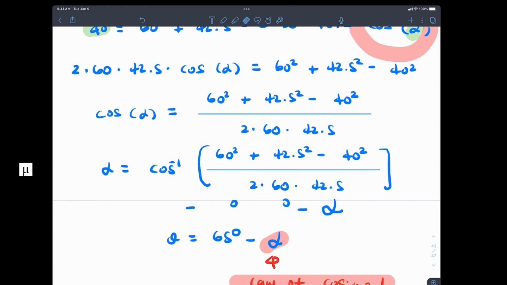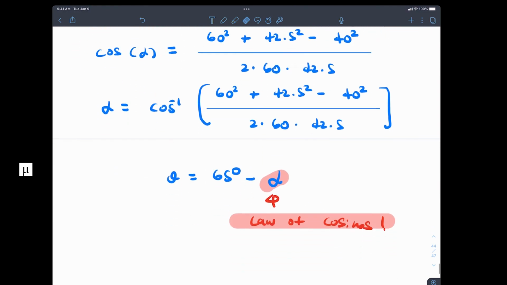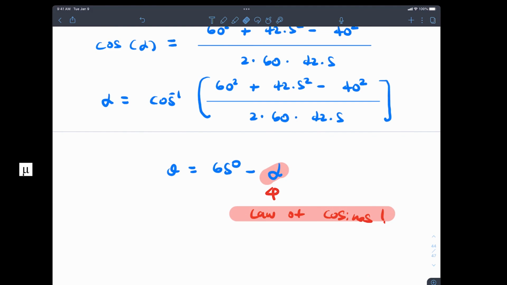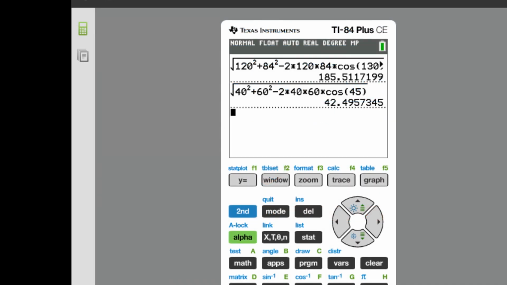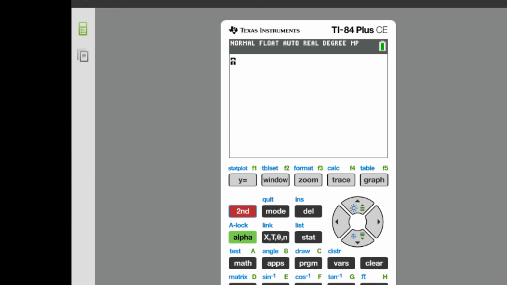I'm going to get rid of this line just for clarity. So let's see, what do you guys get here? Let's try that out. Okay, remember what I did with the double parentheses? We have what? 60 squared plus what? 42.5 squared minus 2 times 60 times what? 42.5.